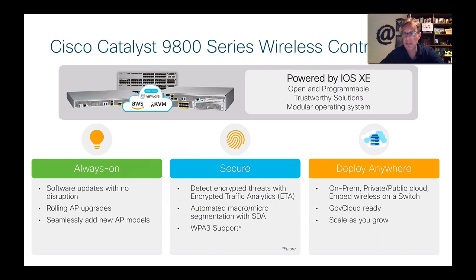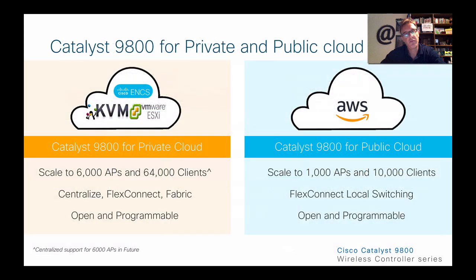We have then the cloud. So in terms of cloud, we have support for private with different types of hypervisors and the public cloud. Initially, for the public cloud, when we launch this in November, we will have support for AWS, but other cloud providers like Google and others will follow soon after.